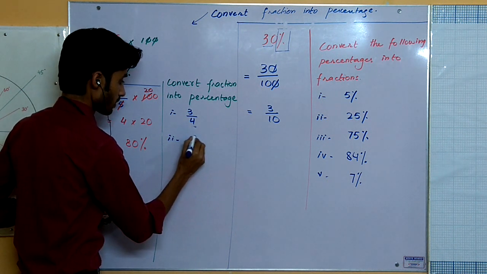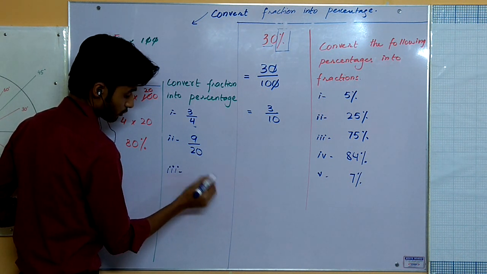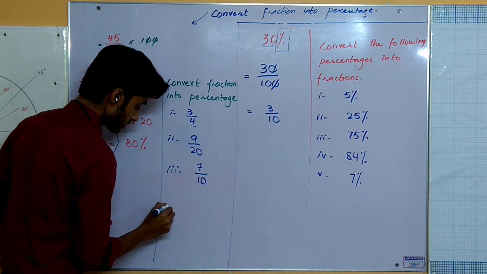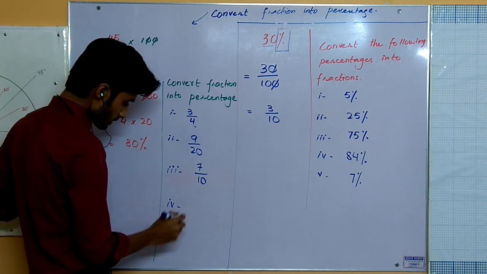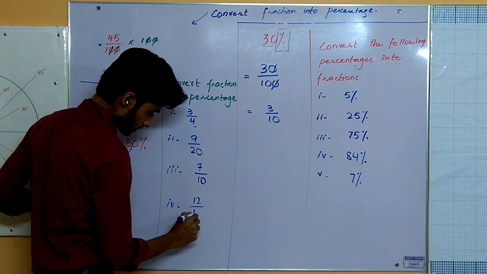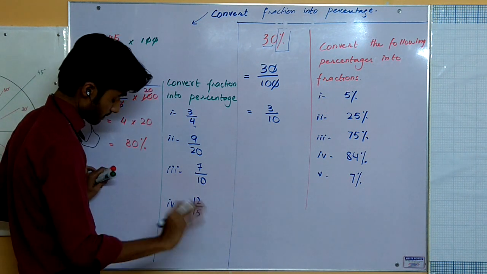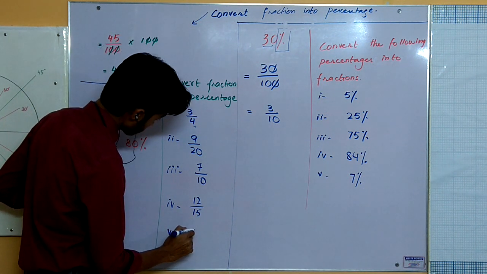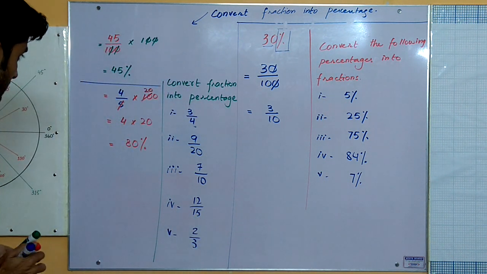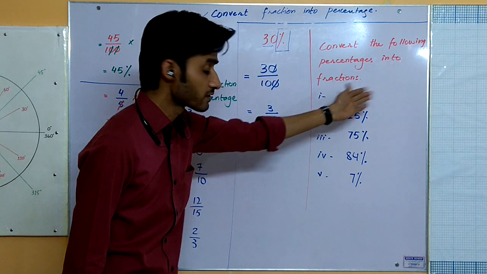Third, 7 upon 10. Fourth one is 12 upon 15. Then, try this 2 upon 3. Okay, these are the 5 questions for conversion from fraction to percentage, and they are the counterpart of the ones from percentage into fraction.